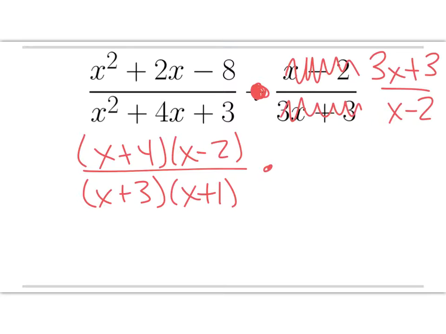So now we have 3x plus 3 in the numerator. And we do have a greatest common factor that we're going to pull out. That's the greatest common factor of 3. 3x plus 3 is really the same thing as saying 3 times the quantity x plus 1. And there is no factoring to be done in the new denominator because x minus 2 just is what it is.